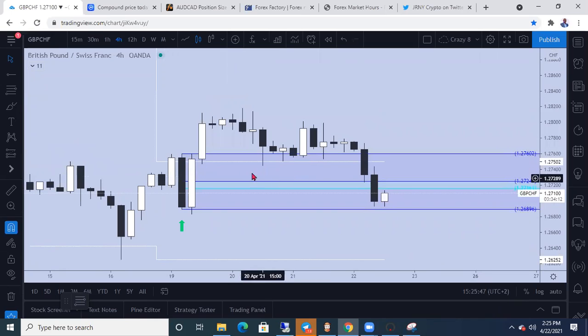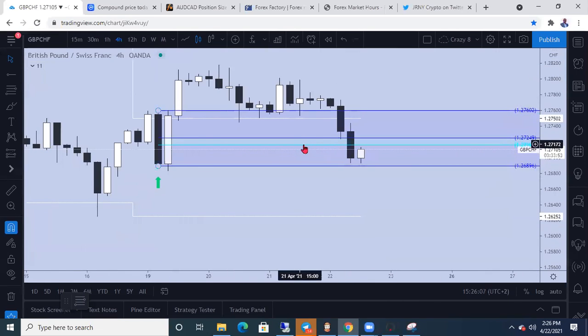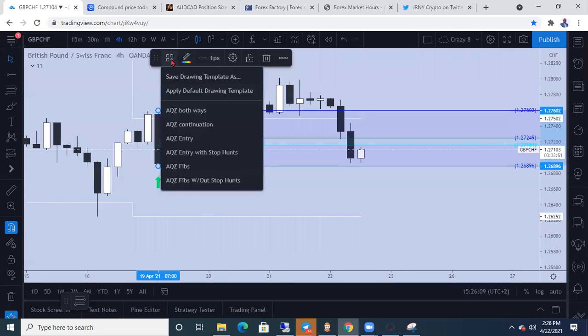Now, anywhere within this zone, we would be looking for opportunities to buy. We might have gotten some pips here, but mostly it would have been a losing trade, depending on how you go in, because price later on came back down. Traditionally, this is the traditional AQZ fib.